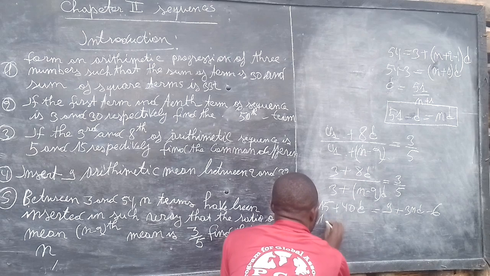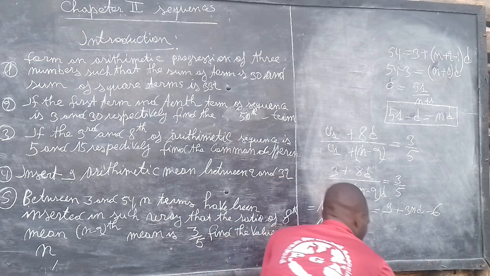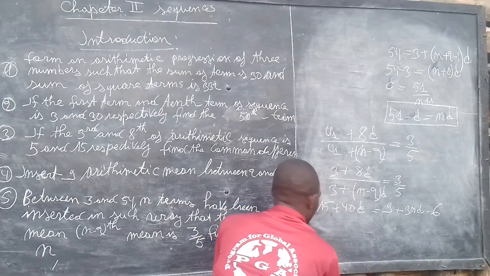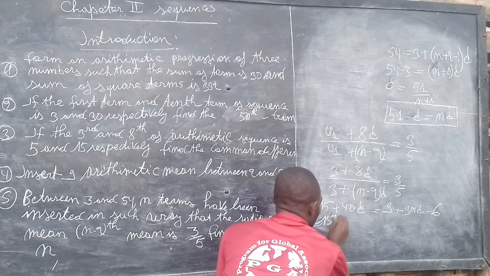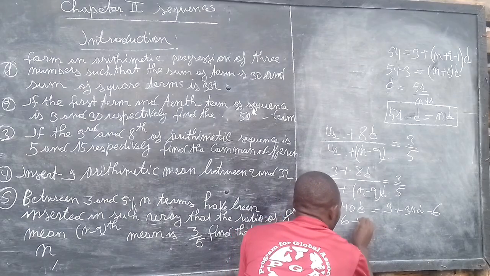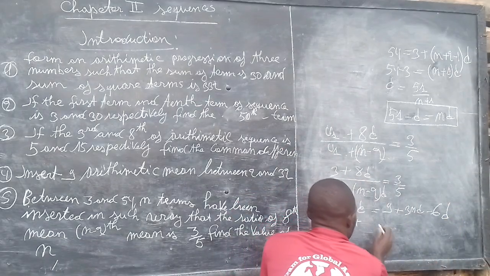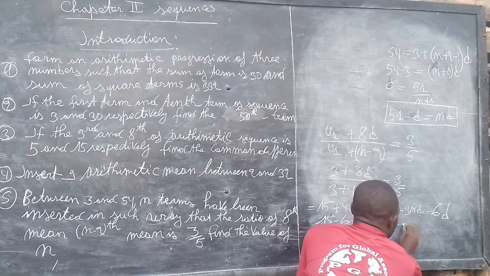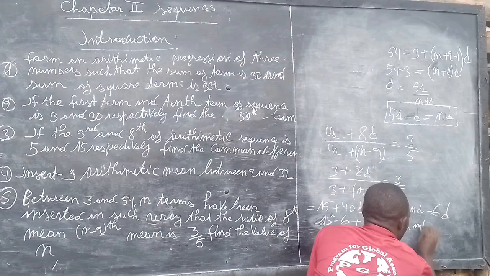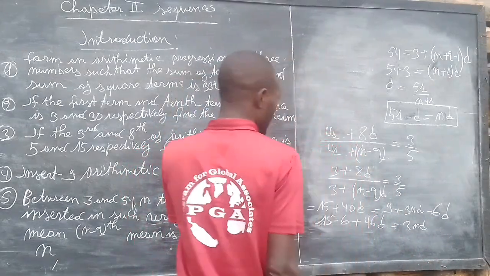Here we have 15 minus 6 plus 46d, which is equal to 3 and d. So here we have 3nd.